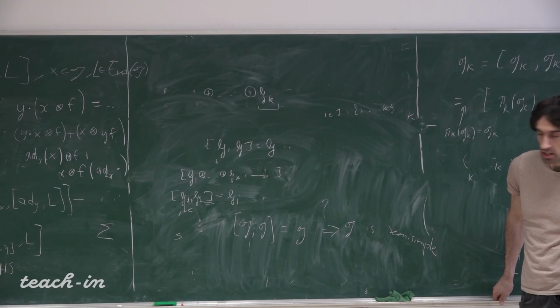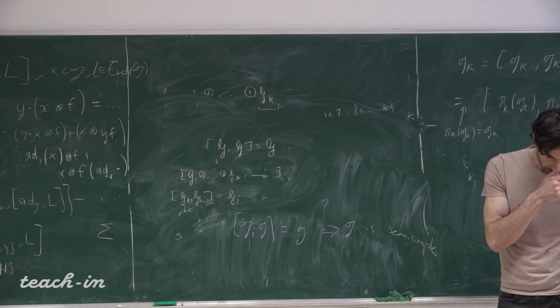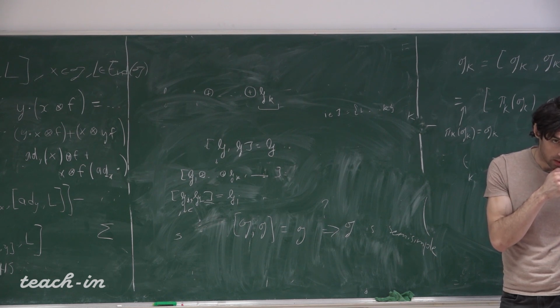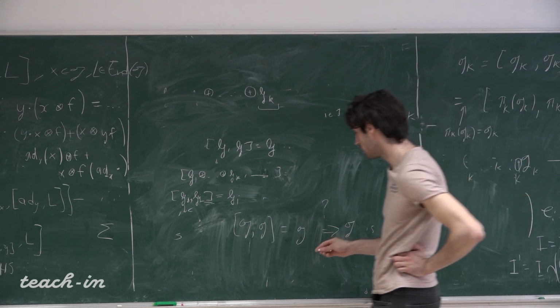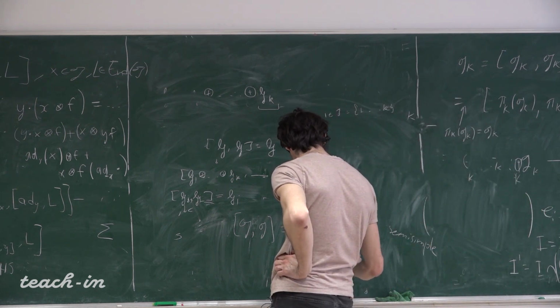So I would like to say something about the radical, right? If I say that the radical of G is 0, then it's semi-simple, right?